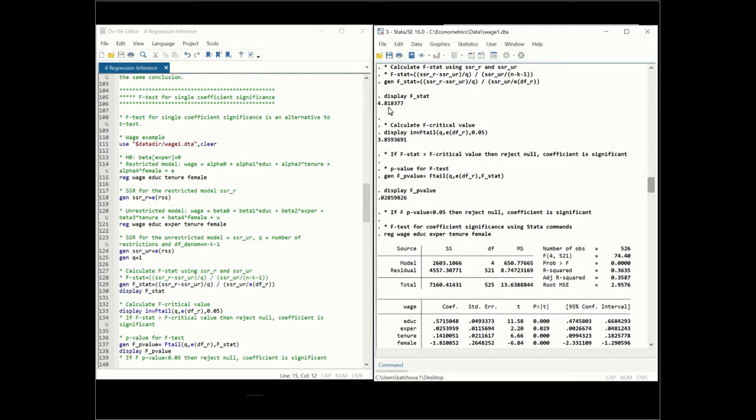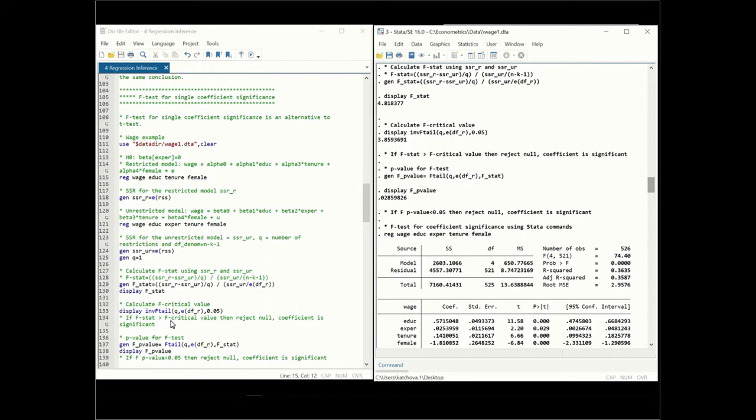So now we can calculate the critical value, and we're doing this by using the inverse F tail. Q is again the degrees of freedom for the numerator, and then these are degrees of freedom for the denominator, and we leave a 0.05, which is the significance level, and we don't split it in two because an F-test is an upper one-tailed test.